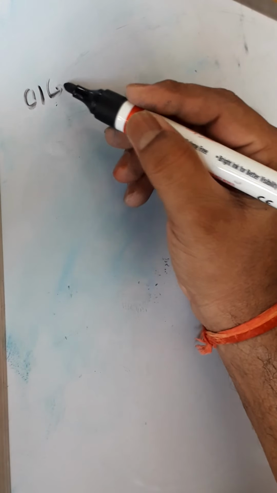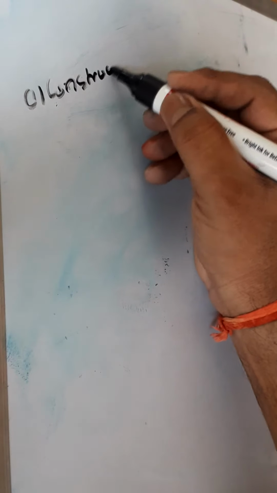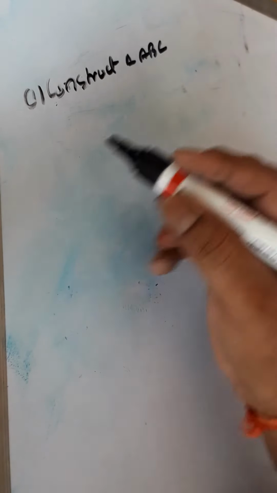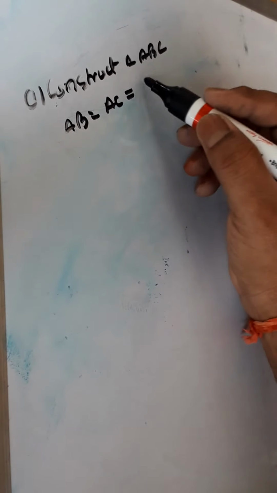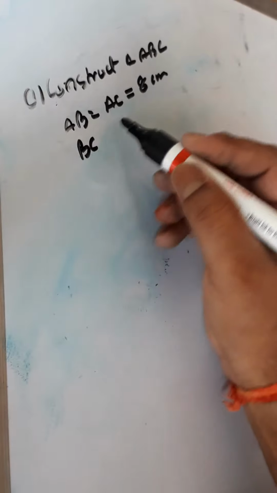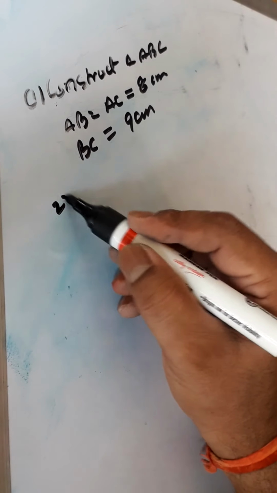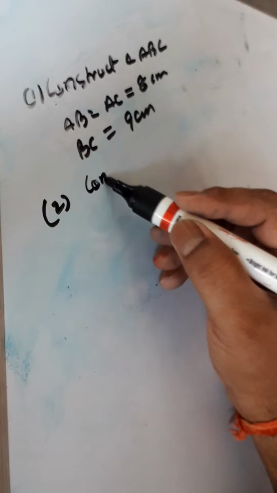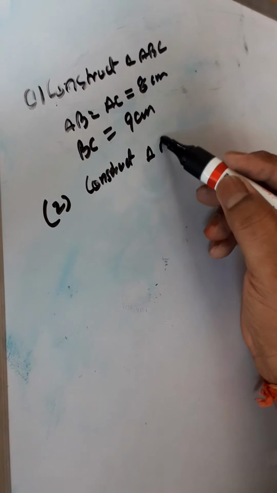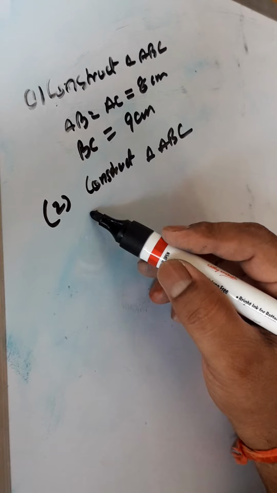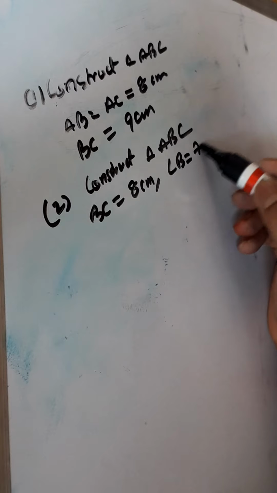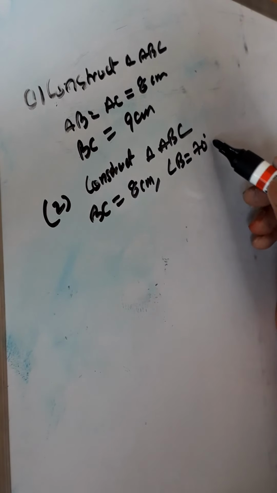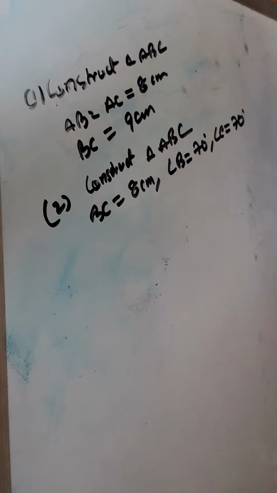First question, construct triangle ABC with AB equal to AC 8 centimeter and BC equal to 9 centimeter. Second question, construct triangle ABC with BC equal to 8 centimeter, angle B equal to 70 degree, angle C also 70 degree.